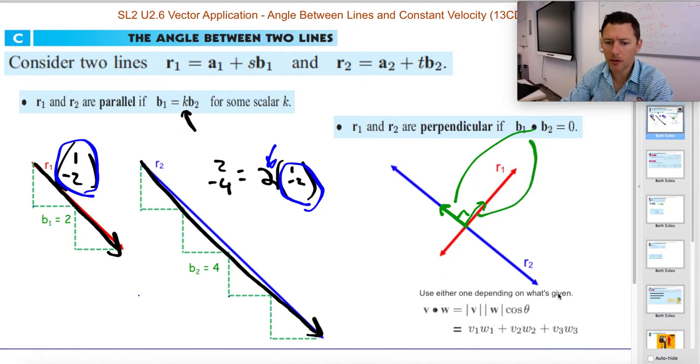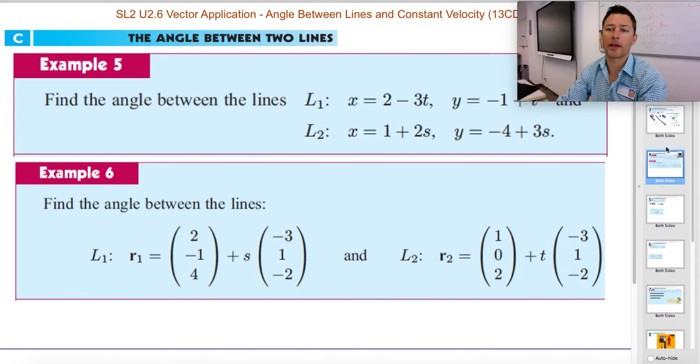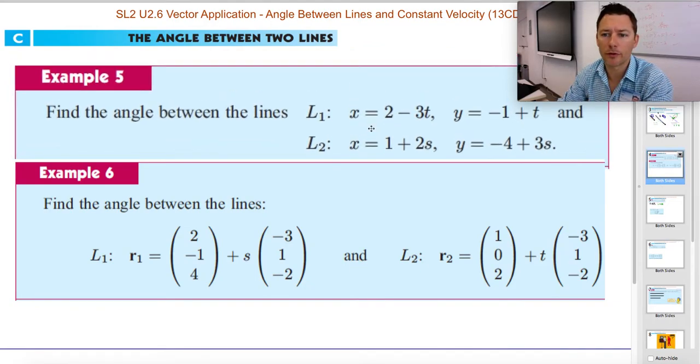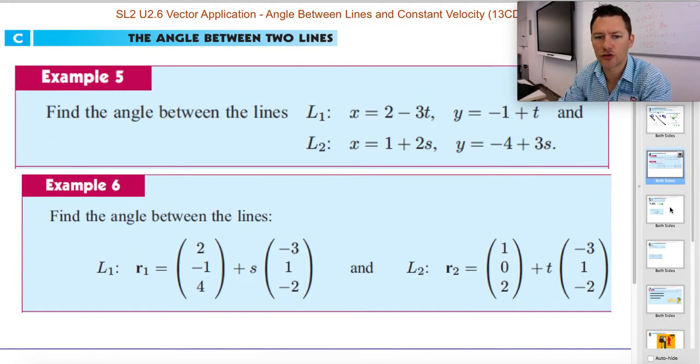Two ways to think about that: you can use the equation we've been using before, the magnitudes times the cosine of the angle in between, or you can add up the product of the x, y, and z components, depending on what you're given. So let's try two examples to check that out. We'll do both of these on separate pages, so let's just jump ahead.